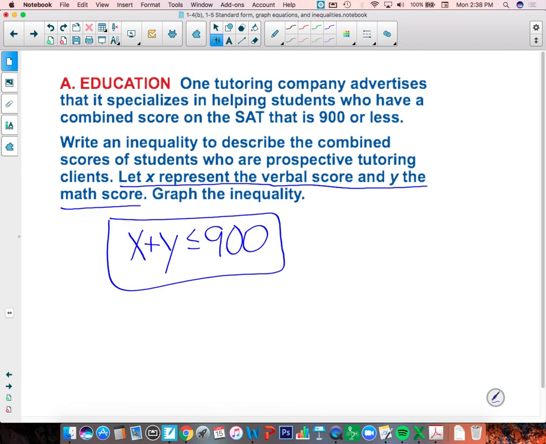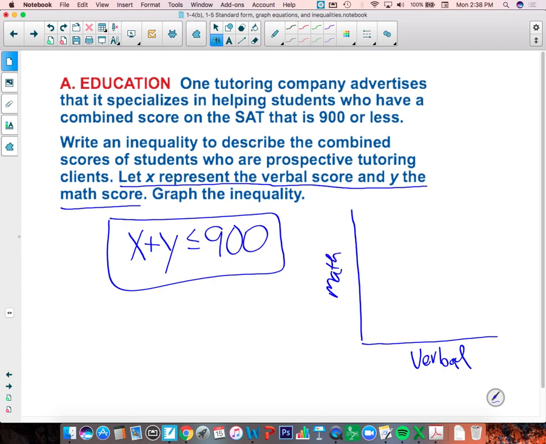Now, I don't expect you on these to write 900 little dash marks. If I were doing a graph here, since this is a real-world application, usually you don't need any negatives. But I would say that x is going to be the verbal score, so this is verbal, and y is going to be the math.